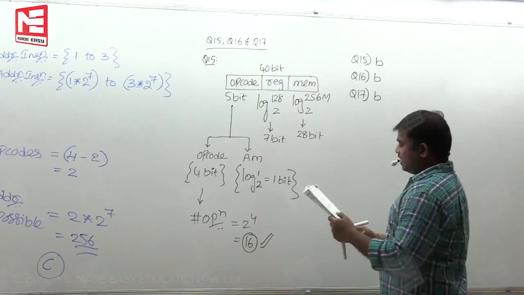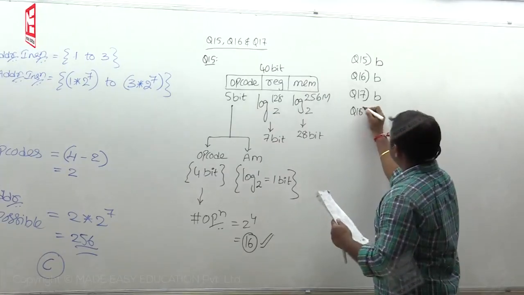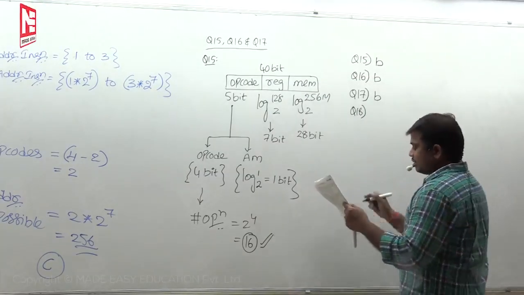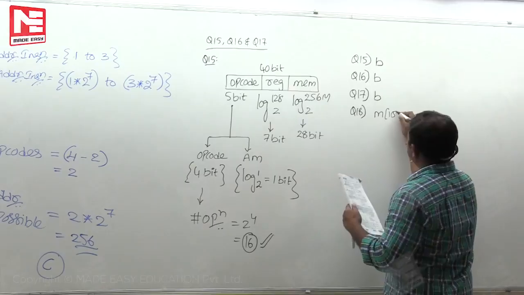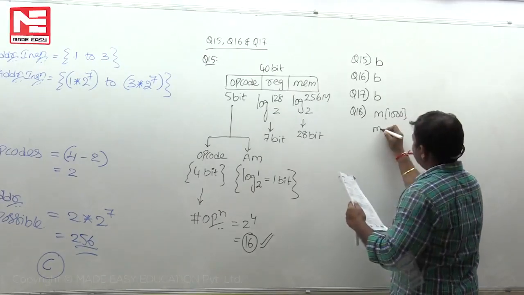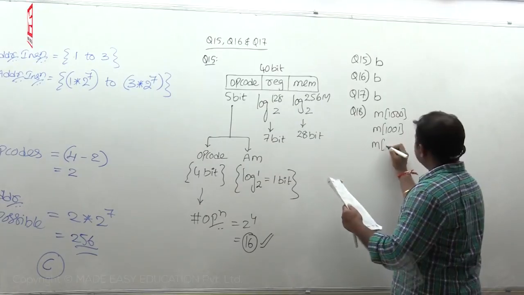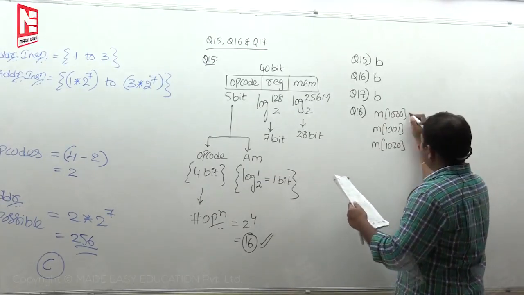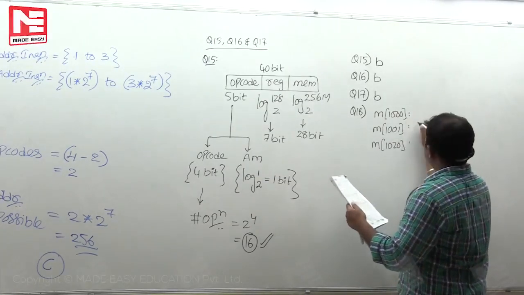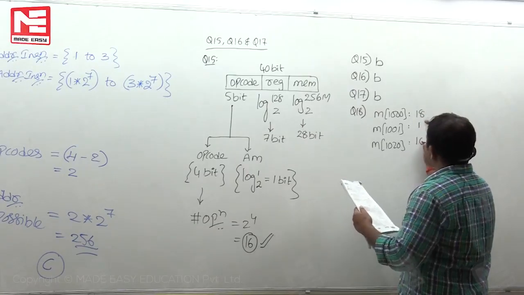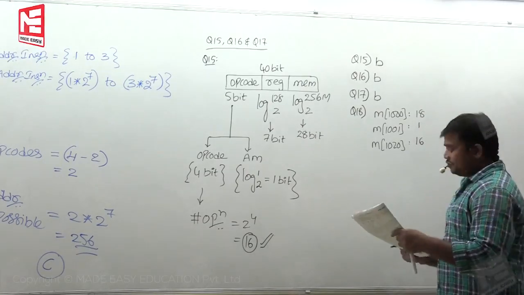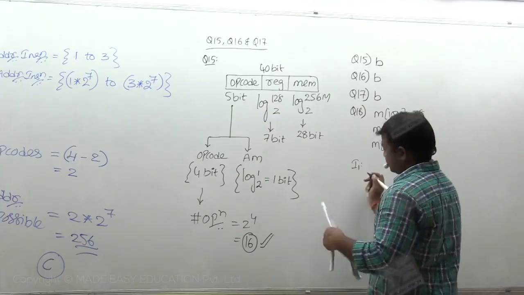Okay, now 18th question. If you see the 18th question, memory location 1000, memory location 1001 and memory location 1020 contain 18, 1, 16 respectively. Okay, we are executing the code I1.